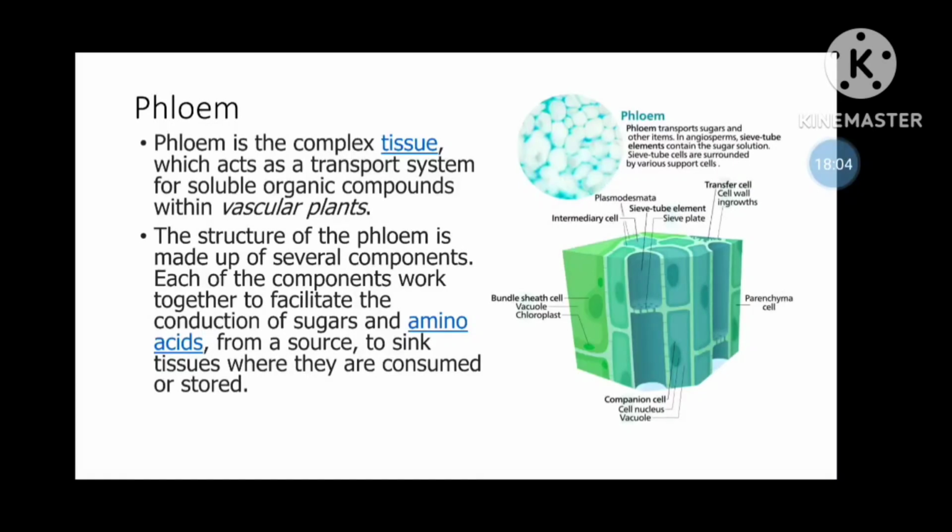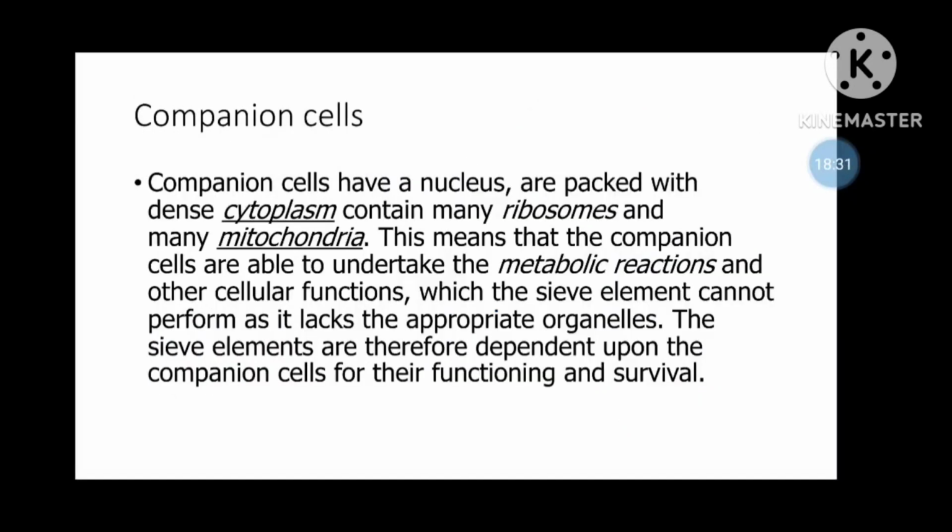Transportation of amino acid, sugar, and fat all takes place with the help of your phloem. This phloem is again made up of 4 different types of cells, like your companion cell, parenchyma cell, sieve tube and phloem fibers. Now let's discuss that one.